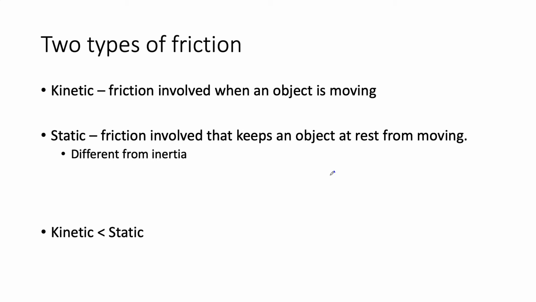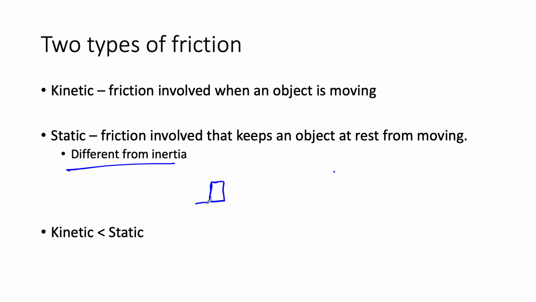Now, static friction is different from inertia. I want to bring that point out. Static friction and inertia are two different things. To make the point, if we've got a block in the middle of space with nothing around it, and I try to push it, it's going to have inertia. It won't move unless I really apply some force.